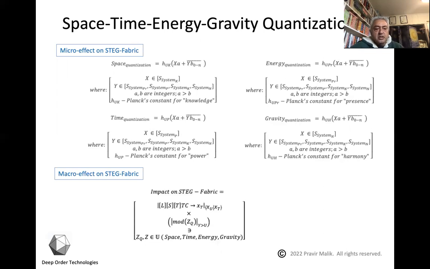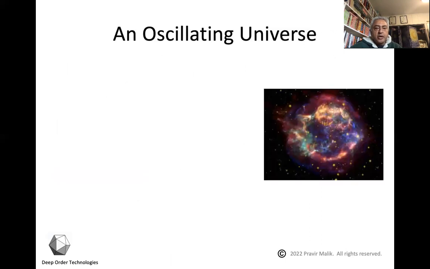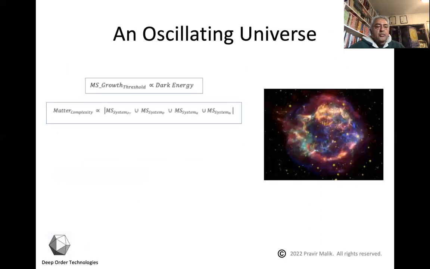The macro effect of many of these changes is that there's going to be a larger impact on the Steg fabric, and that in itself is then going to change the nature of space and bring about an oscillating universe. So in this model, the idea of dark energy: we know, for example, that visible matter is 5%, about 20% is dark matter, and dark energy is 75% of the makeup of the universe, hypothetically.